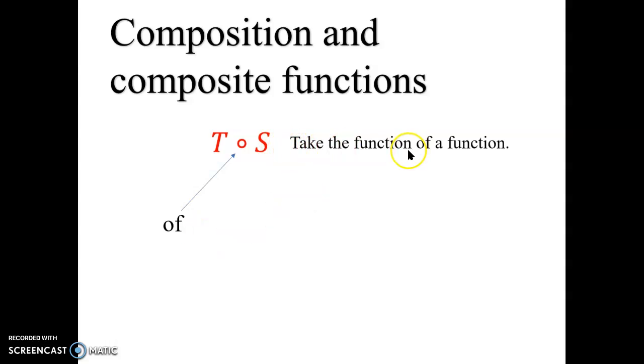So it's take the function of a function. You figure out whatever the inside function is, s of x, then you want t of s of x. So that's how composite and composition work.